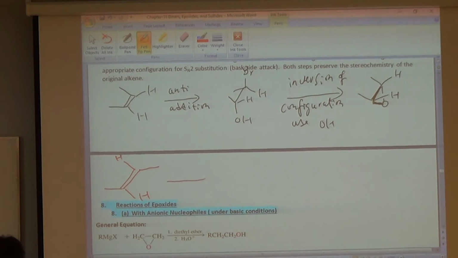Similar process, two steps. First, you will see this anti-addition. With the anti-addition this time, you produce the OH, and this is still a Br, and your hydrogen.